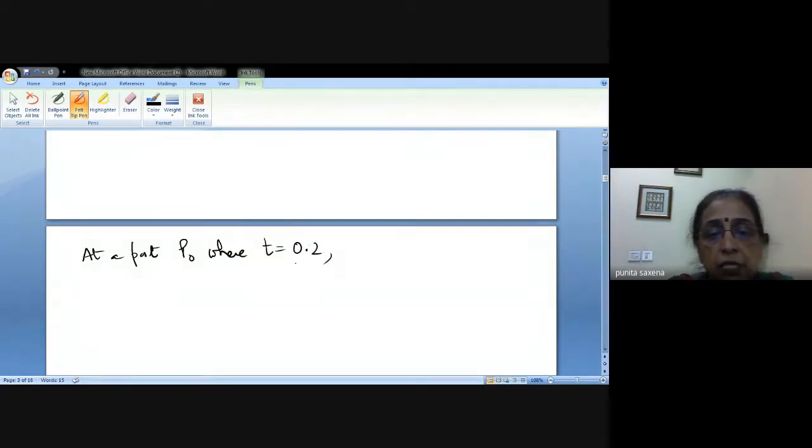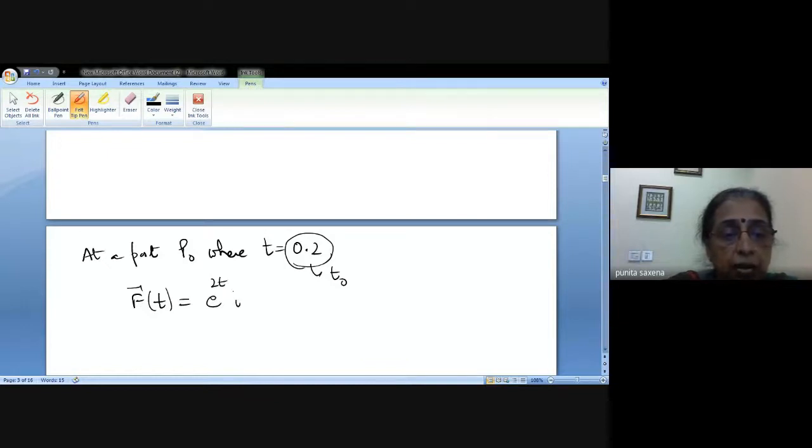Okay, so that means this 0.2 is going to serve as your t naught. Okay, the graph of a function which is defined as f(t) equal to e to the power 2t i plus t squared minus t j plus log t k.